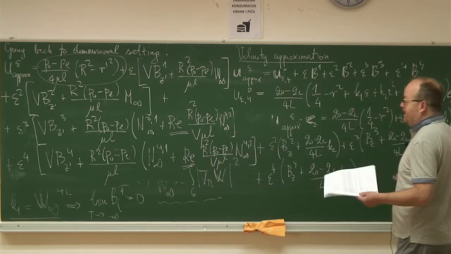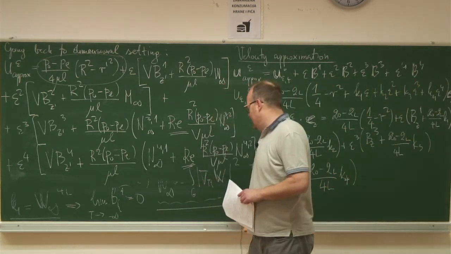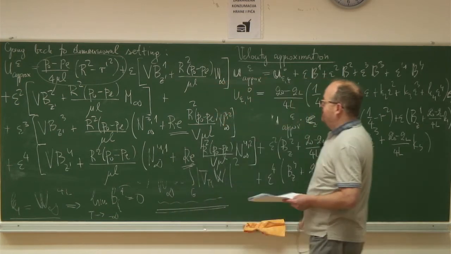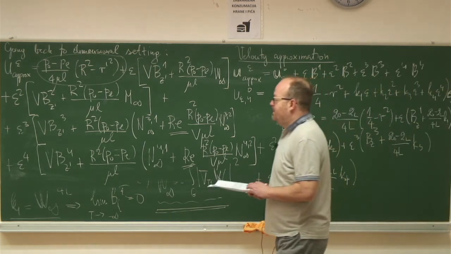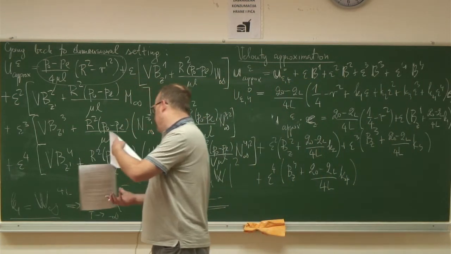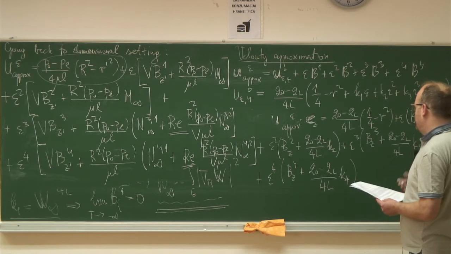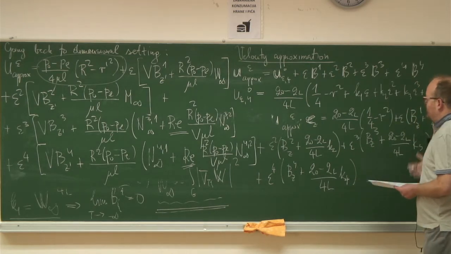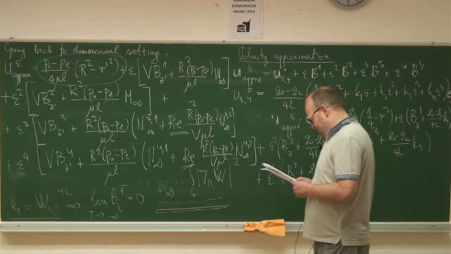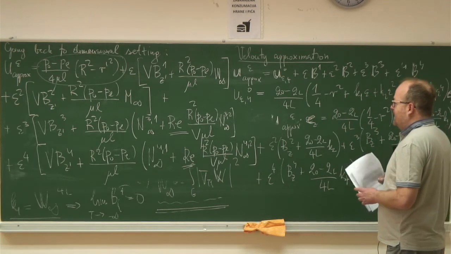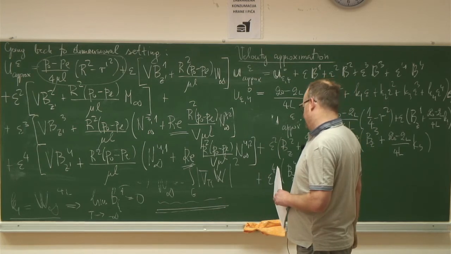Some of them can be analytically expressed in the form of integrals, but they can all be solved numerically from the corresponding auxiliary problems. And so this is the first part. So we obtain the velocity approximation.